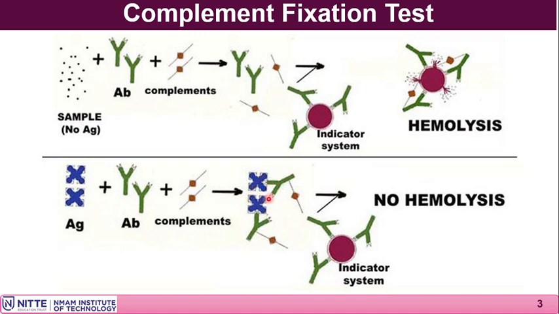Since the complement gets fixed to the Fc arm of the antibody in the antigen-antibody complex, the test gets the name complement fixation test, and the complement will not be available to cause the hemolysis of the indicator, that is sheep RBC readily bound to the anti-sheep RBC antibody.